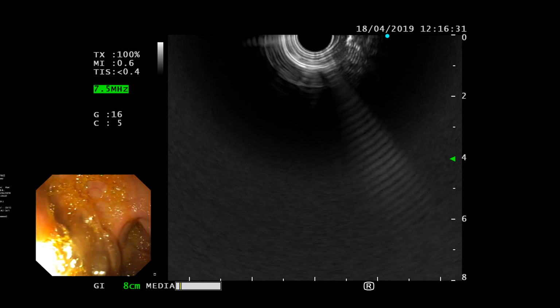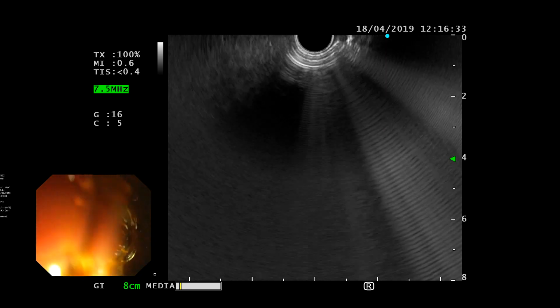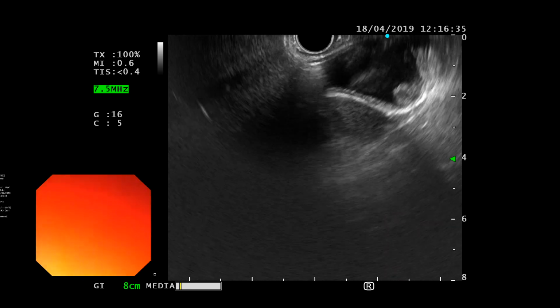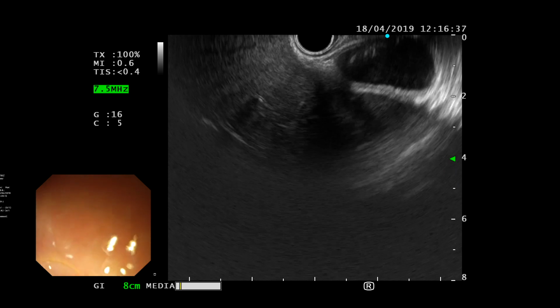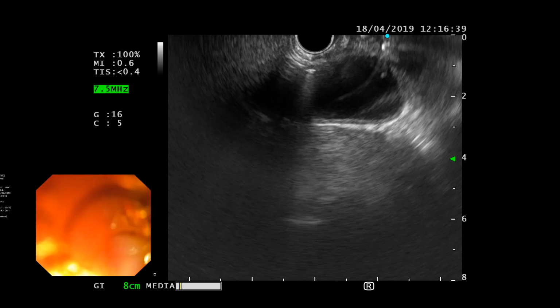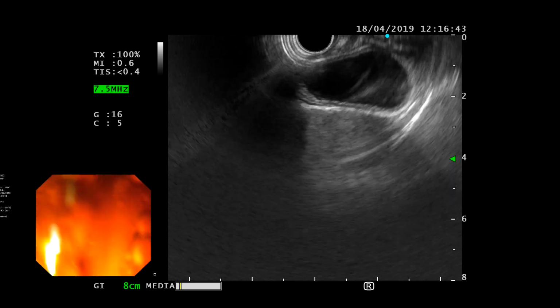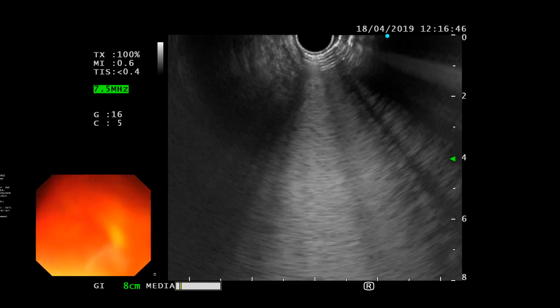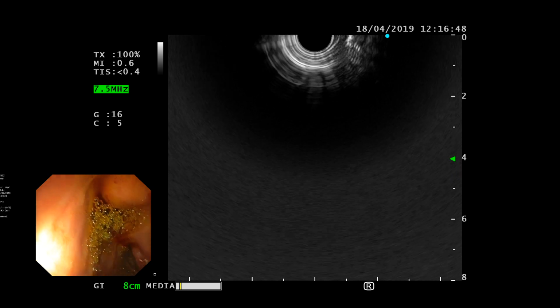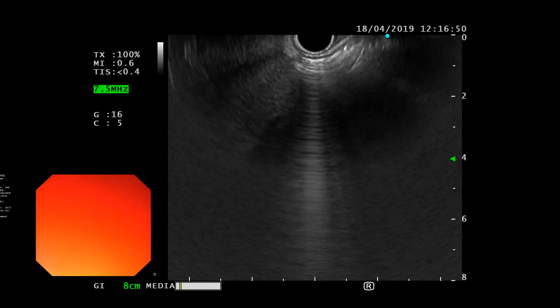And then you saw the bile duct view from the bulb. It was very nicely demonstrated earlier, but again, there's the gallbladder with sludge in it. And if we pull back, let me just find the bile duct here.